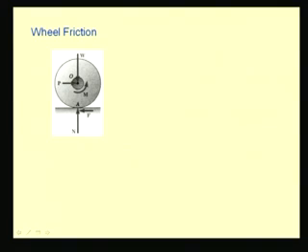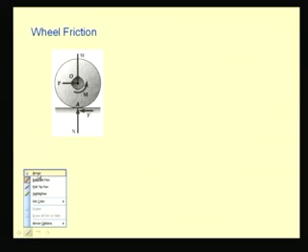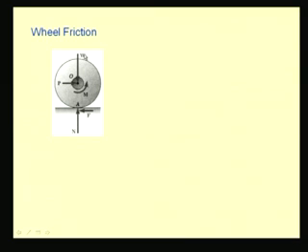So in this picture you see a wheel supported in an axle at O. Let W be the weight of the wheel acting through the axis of this axle O. When the wheel is idle, the normal reaction from the ground N passes through this point A and the wheel is in equilibrium.